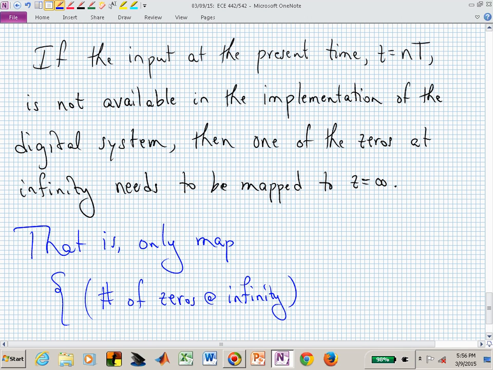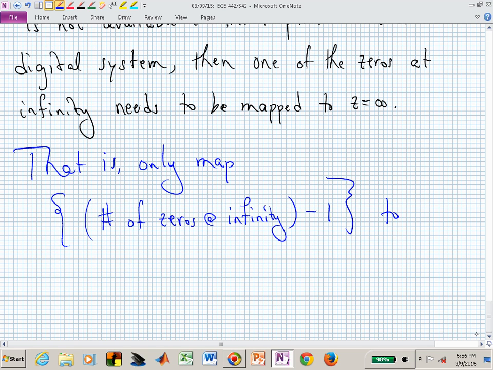What I'm saying, if the input is not available at the present time, then reduce that by 1 and only map that number in curly braces to the location z equal minus 1, or only include one of these z plus 1 factors in g sub d of z.